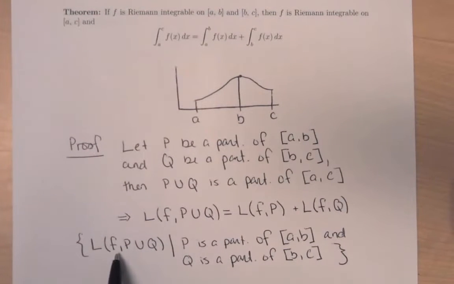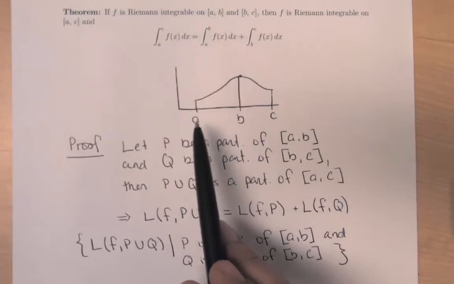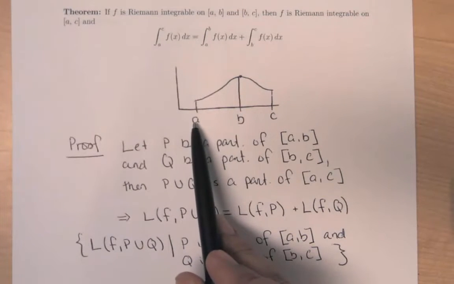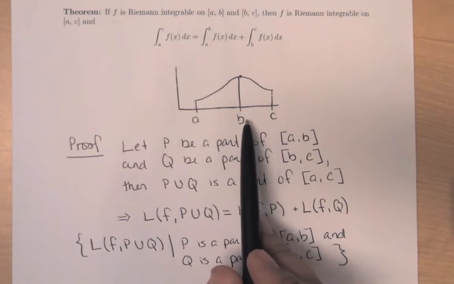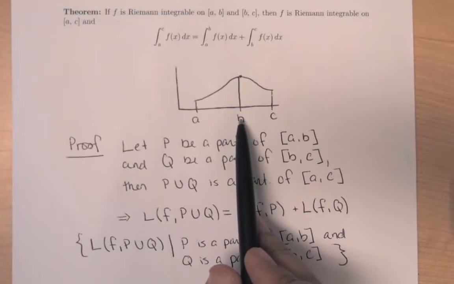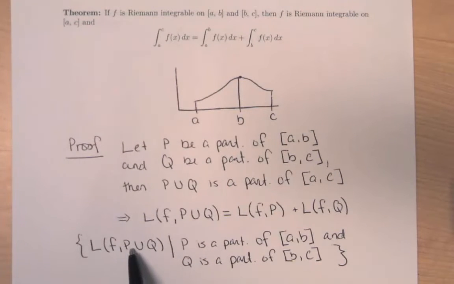So this is a particular kind of partition. I'm saying consider every partition of a to c where b is one of the partition points, because b has to be x_n of P and the first partition point of Q. It's the point that these two partitions have in common.